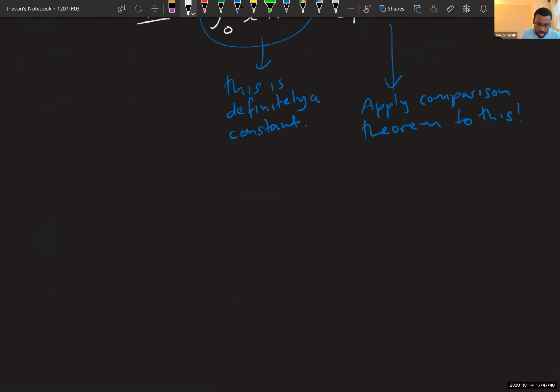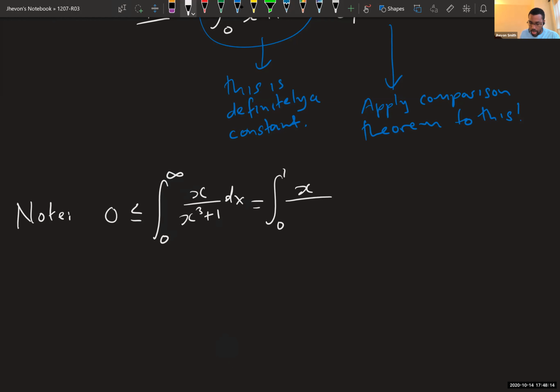Here's what we can do. So note, 0 is less than or equal to the integral of x over x cubed plus 1 dx, that is equal to the integral from 0 to 1 of x over x cubed plus 1, plus the integral from 1 to infinity of x over x cubed plus 1.